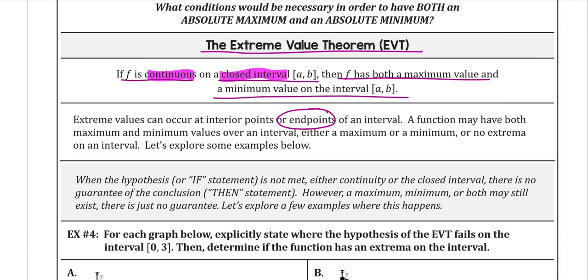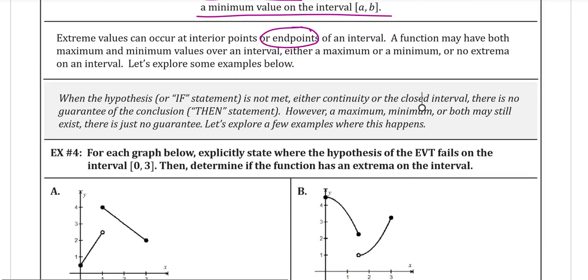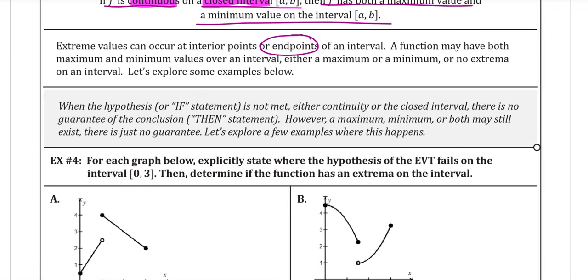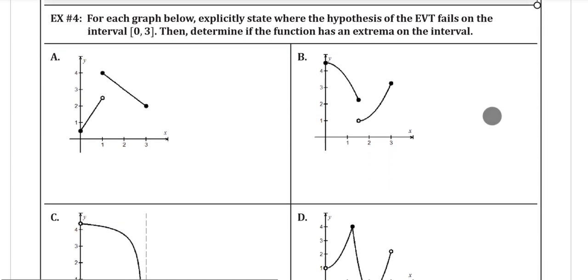If neither of those is met, there is no guarantee that we will have both a max and a min. However, it is possible for that to happen even if those guarantees aren't met. Just because it doesn't meet the conditions doesn't mean we don't have our absolute extrema.